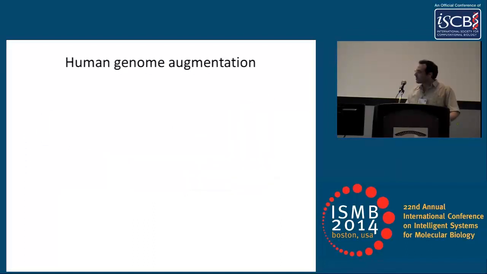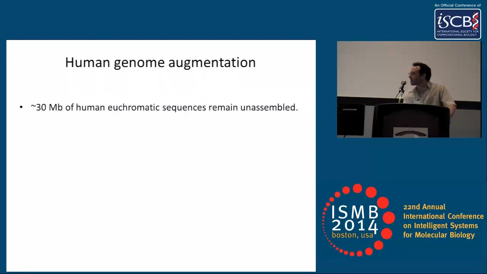Okay? So this is already very useful because, as I said, the human genome, for example, is in this state. It turns out, another thing that I didn't know, 13 megabases of euchromatic sequences are still unassembled in the human genome. They have genes there and so on. So usually if you just download the standard assembly, you're going to miss this stuff.